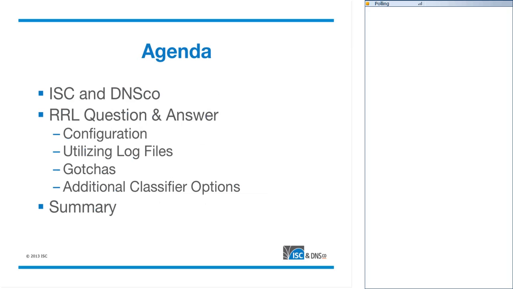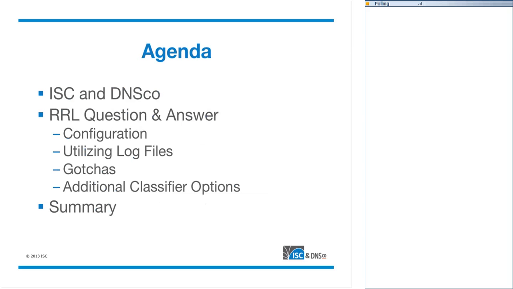So about what we're going to talk about today, I'll give a brief overview of ISC and DNSCO. I'll give another brief overview of RRL itself. A lot of you attended the webinar we had back in August, which was a more basic overview of RRL than what we're going to dive into today. Today we're going to be talking about, again, ISC's experience in development and deployment of RRL.